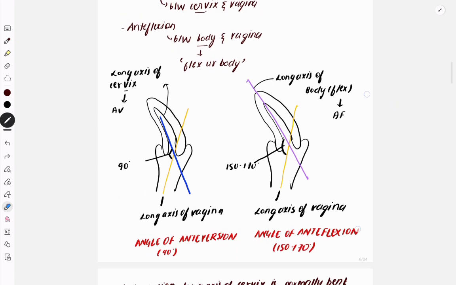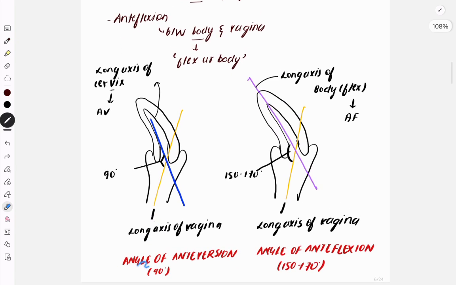As we can see, this is the angle of anteversion, and this is the angle of anteflexion. Between the long axis of the vagina and the long axis of the cervix we have an angle of 90 degrees, and this is called the angle of anteversion.